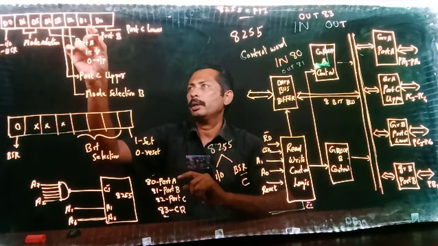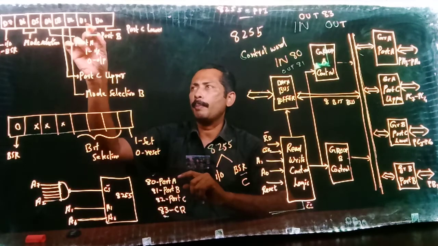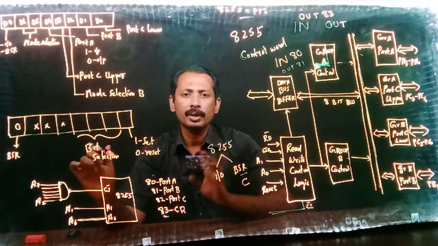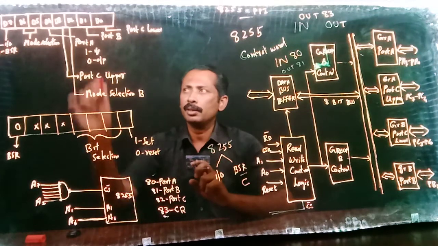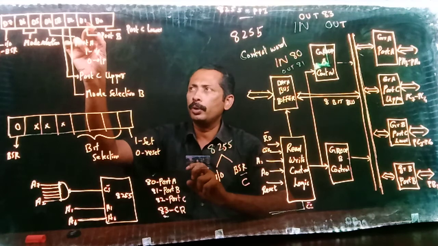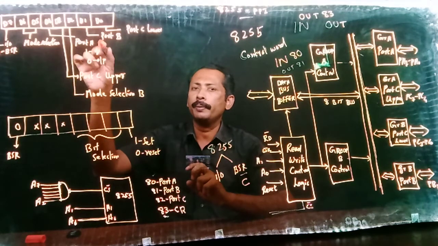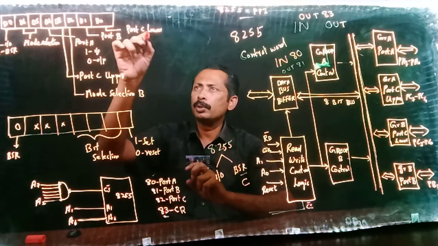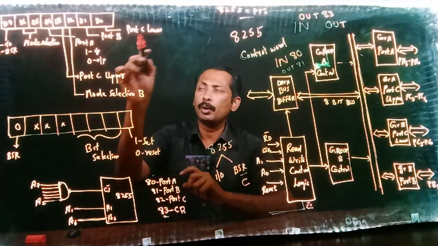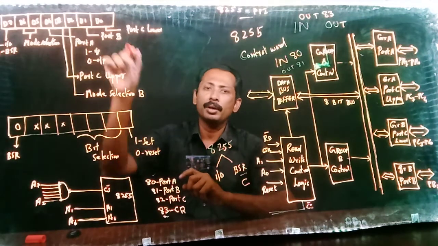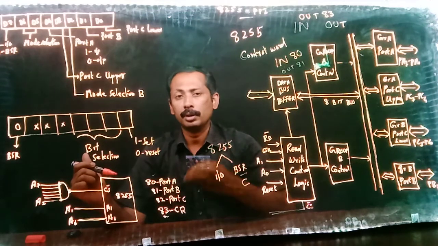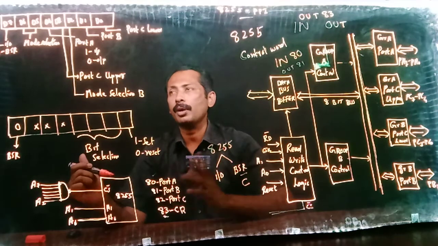Then D1 is port B, whether it is an input device or output device. So for connecting an input device to port B, we have to give D1 as 1. For connecting an input device or output device to port C lower, we have to specify the bit here. It is again 1 for input, 0 for output.